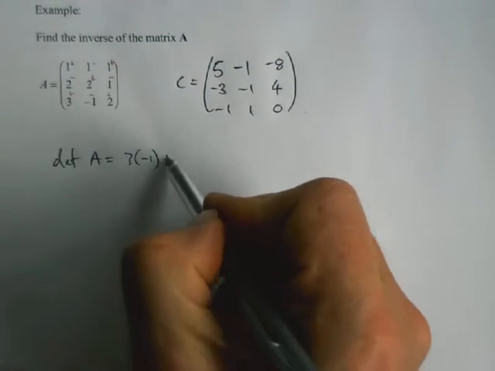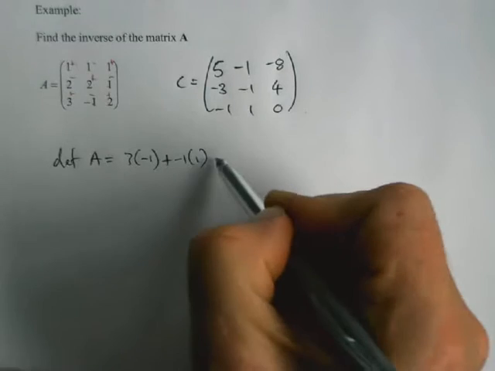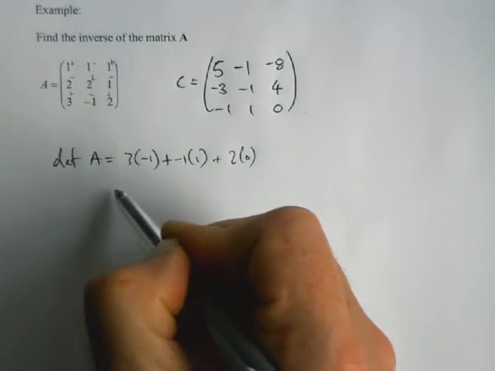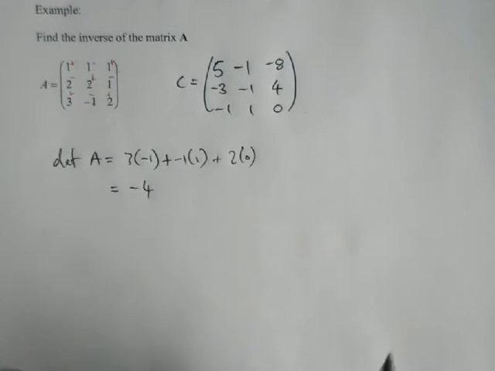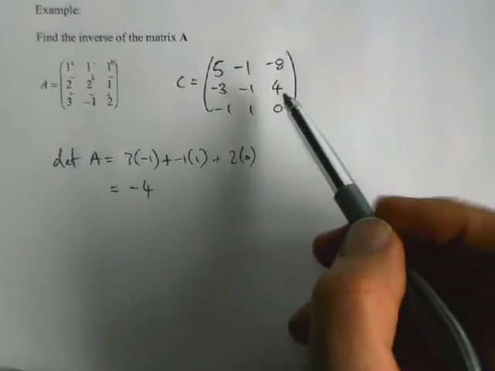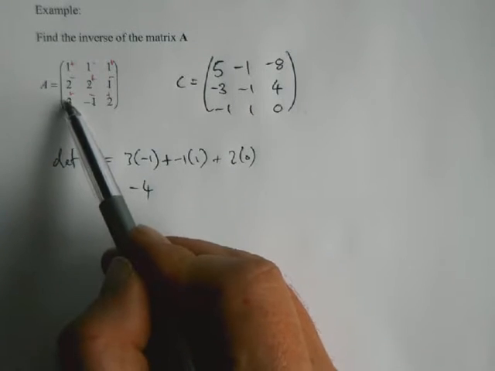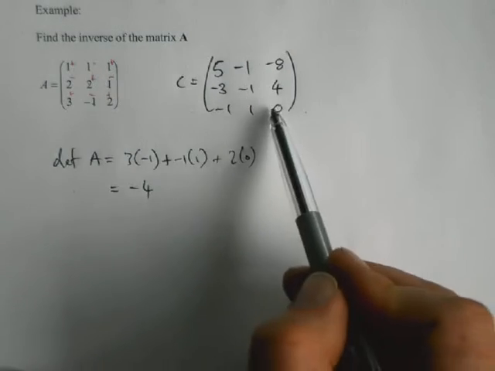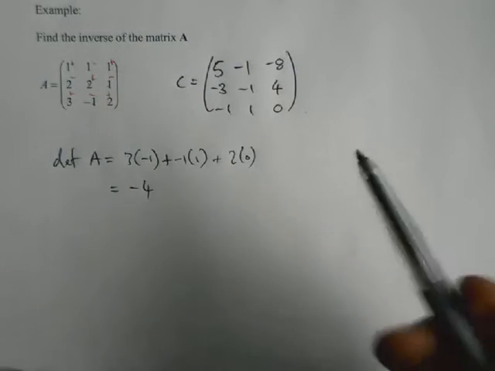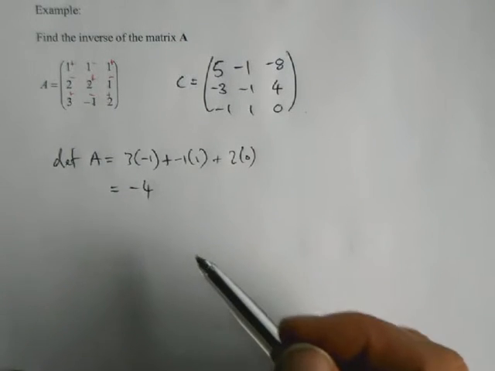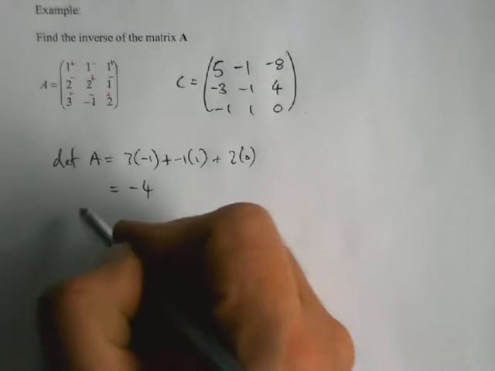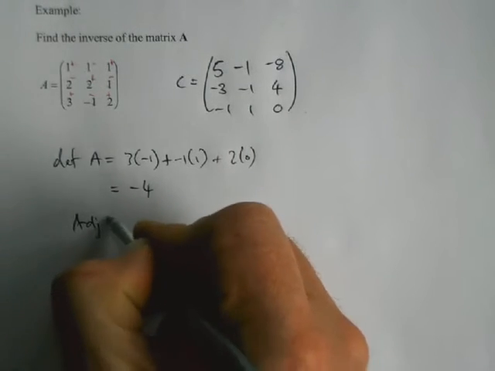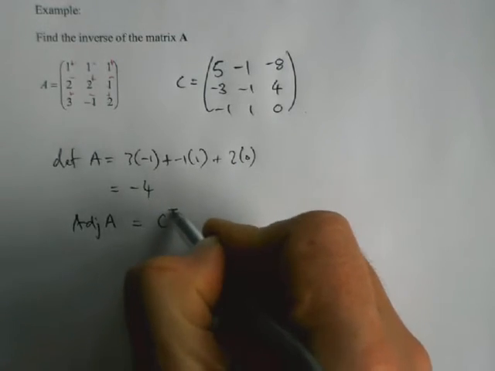So the determinant of A is just going to be 3 times -1 plus -1 times 1 plus 2 lots of 0, which is -3, take away another 1 is -4. So we've worked out the determinant from the matrix of cofactors. What you're doing is multiplying the original elements by their cofactors to get the determinant, and if you pick the row with the zeros in, it comes out the easiest.